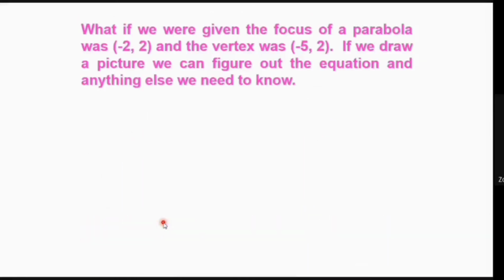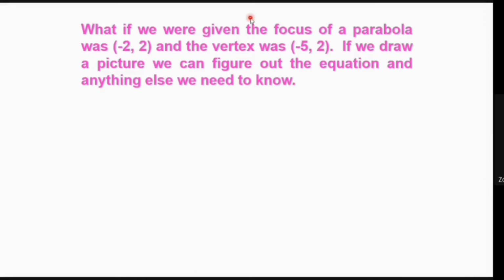Okay, next. What if we were given the focus of the parabola at negative 2, 2, and the vertex is at negative 5, 2? If we draw a picture, we can figure out the equation and anything else we need to know.